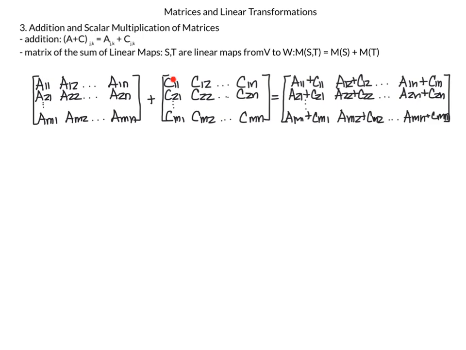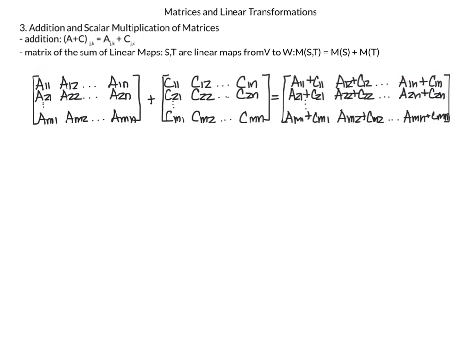So A11 gets added to C11 to make the 1, 1 element of our A plus C matrix. A12 plus C12 is our next element. And then over here, A1n gets added to C1n.